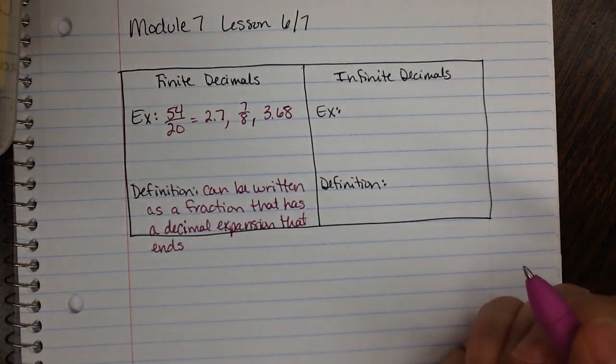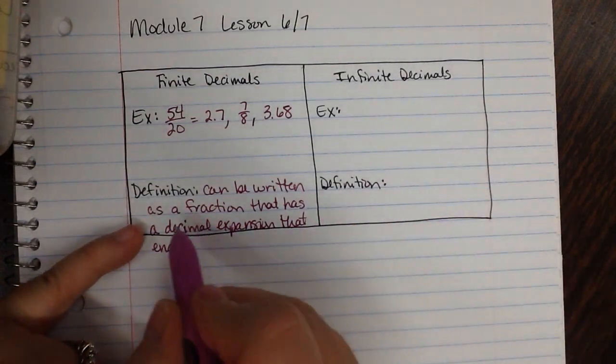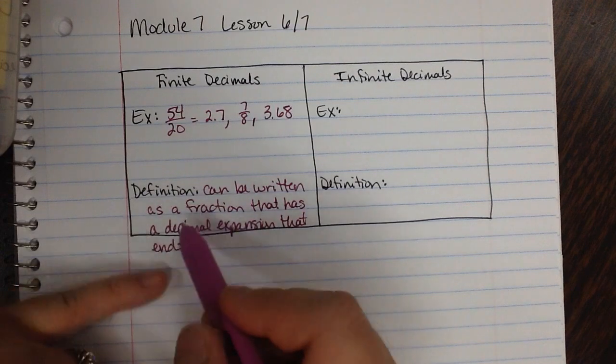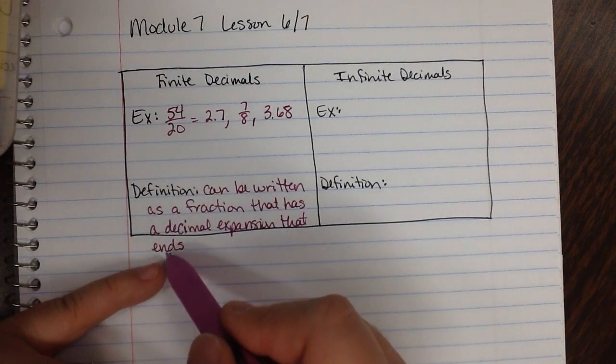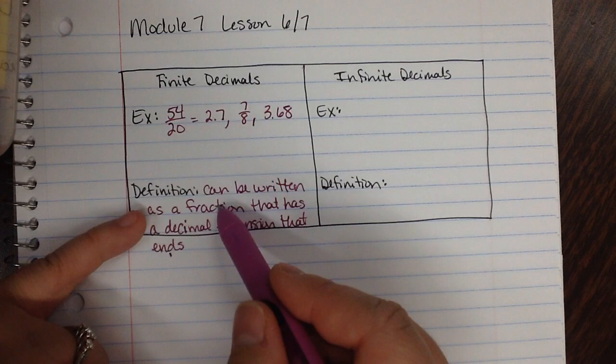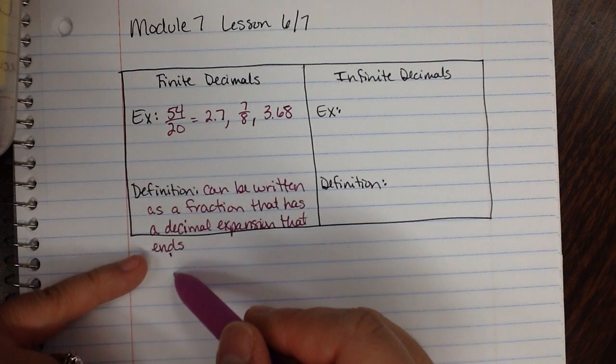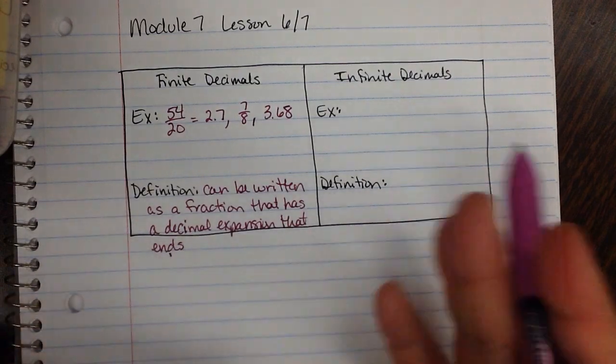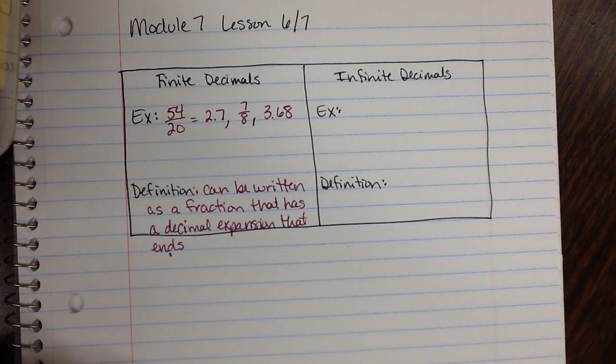Okay, so this would be any number that has a decimal expansion that ends. And it can be a fraction, but the decimal expansion has to end. It could be a square root, but the decimal expansion has to end.